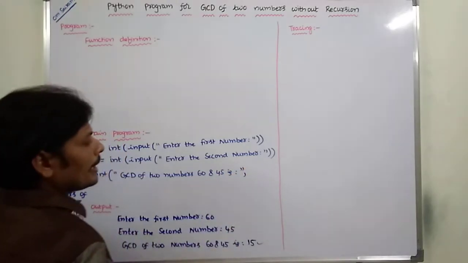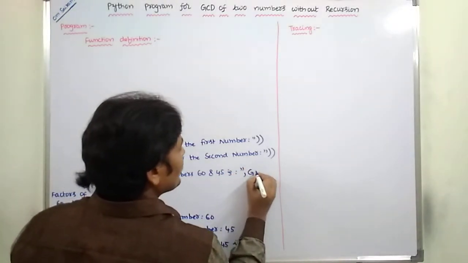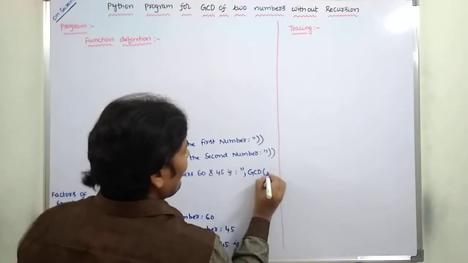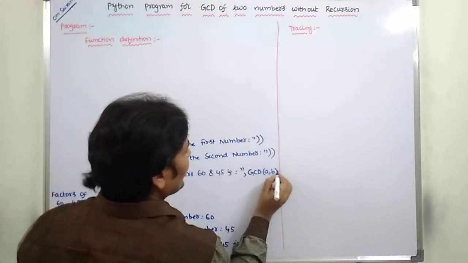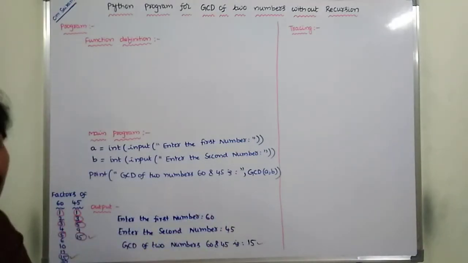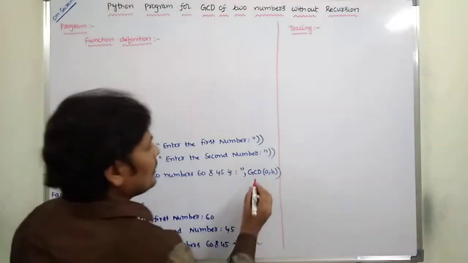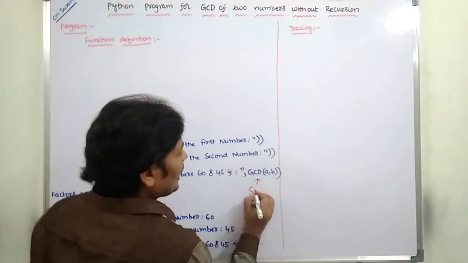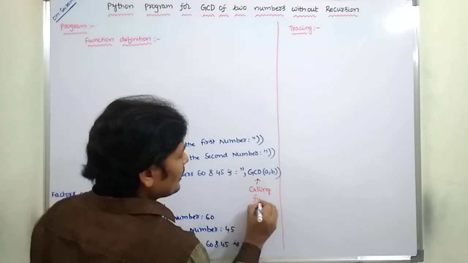Here we are writing the calling function. So gcd of a comma b. Okay, so this is called the calling function. gcd of a comma b is called the calling function.